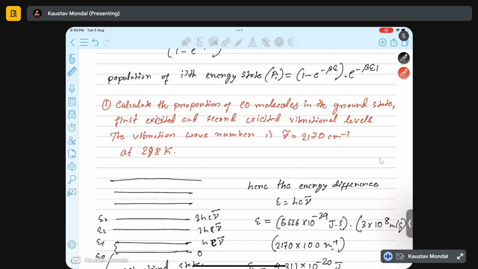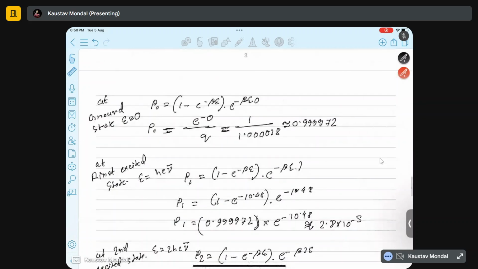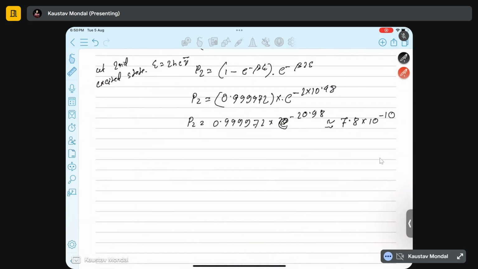Whether you increase the temperature very much, then you can see a significant amount of transition to higher excited states. Otherwise, close to room temperature, any kind of molecule prefers to stay in the ground state. Okay.